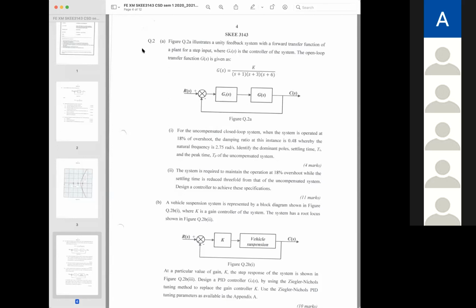No. Oh, B has a plot. So A doesn't have. There is no plot for A. No plot given. So we just have been given the open loop transfer function.